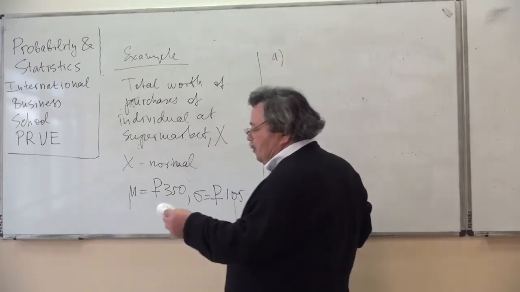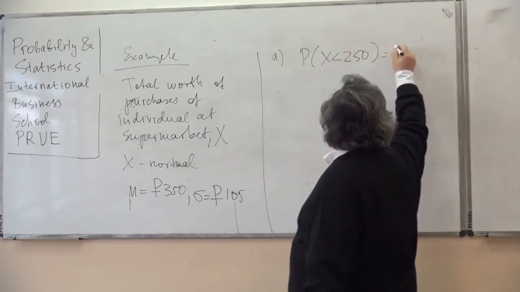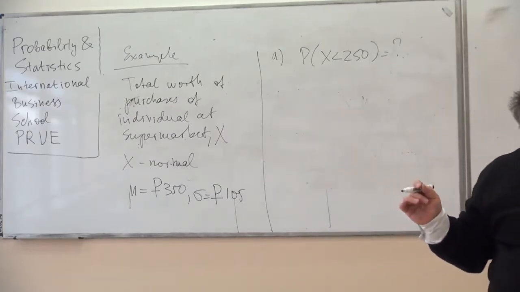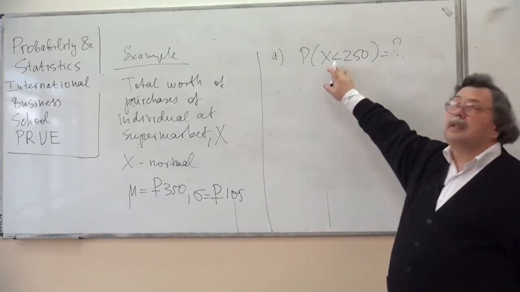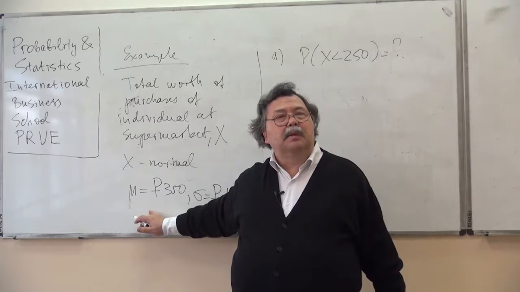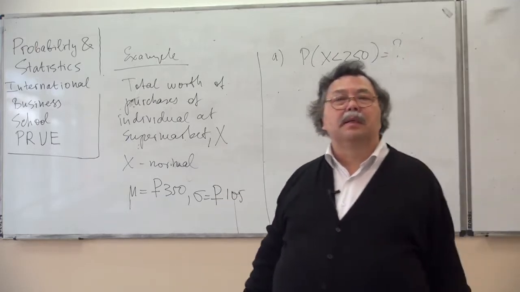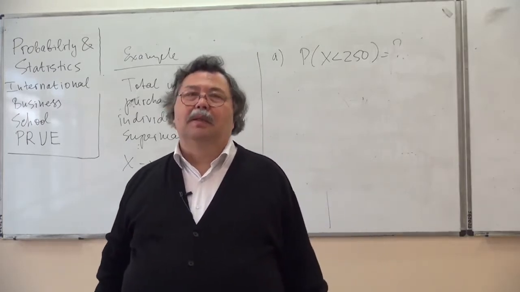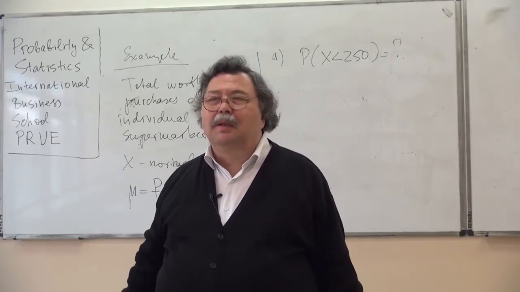Question A. What's the probability that a randomly chosen customer in this supermarket buys stuff to the total worth that is less than 250? Looking at this number, mu is 350, and it's a normal distribution which is essentially symmetric about mu. We can say straight away that this answer must be less than 1/2, but I'm afraid we are not ready to give any more accurate answer.